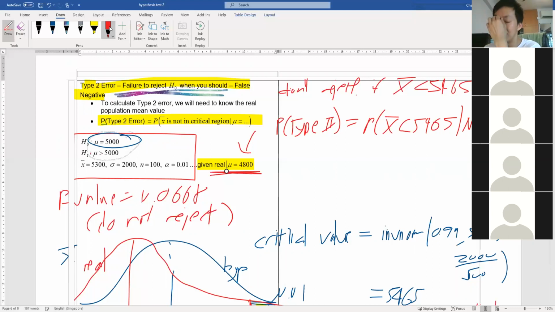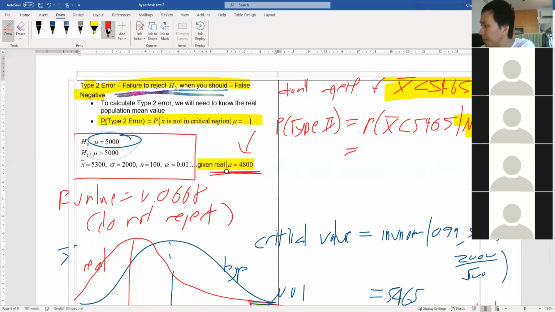I always write this down for myself. You must first calculate your benchmark for rejection or non-rejection. Then you must also know your actual mu value, which will be provided by the question. The sigma stays the same; only the mu has changed.